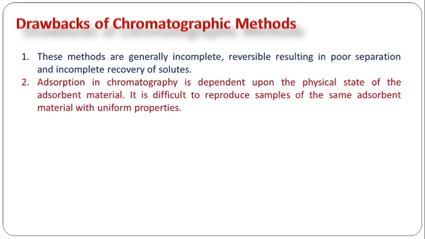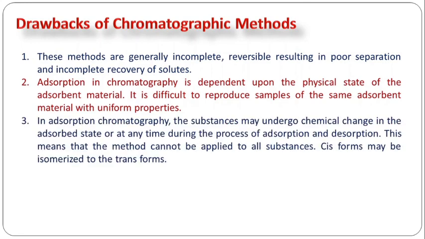The adsorption in chromatography is dependent upon the physical state of the adsorbent material. It is difficult to reproduce samples of such adsorbent material with uniform properties. So, in adsorption chromatography, the substances may undergo chemical change in the adsorption plate or at any time during the process of adsorption or desorption.